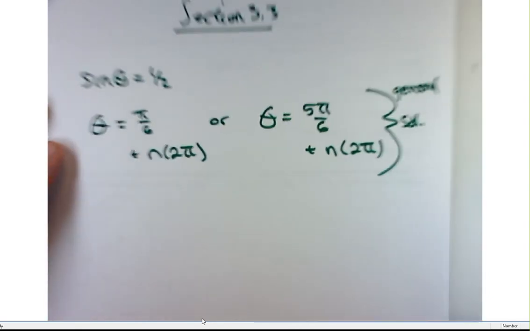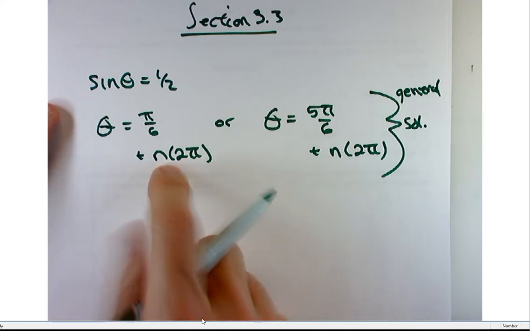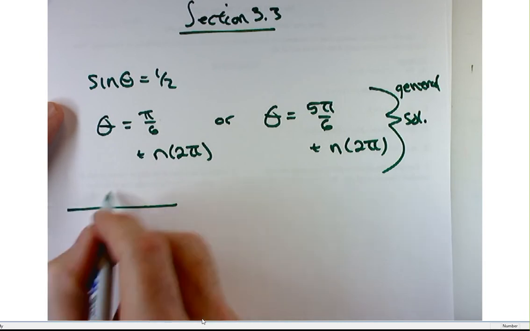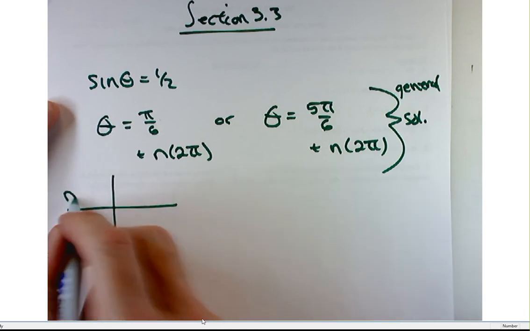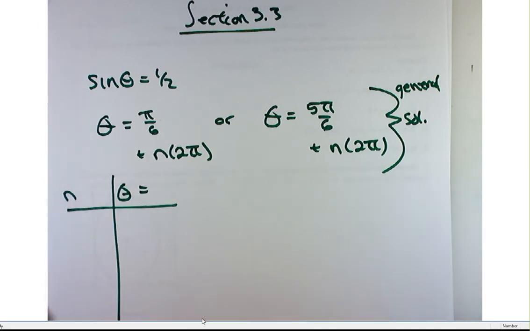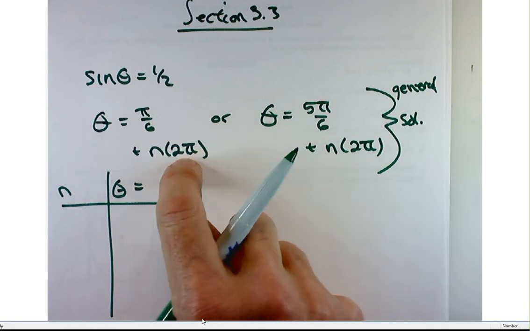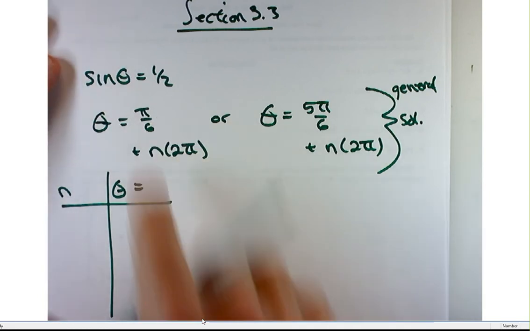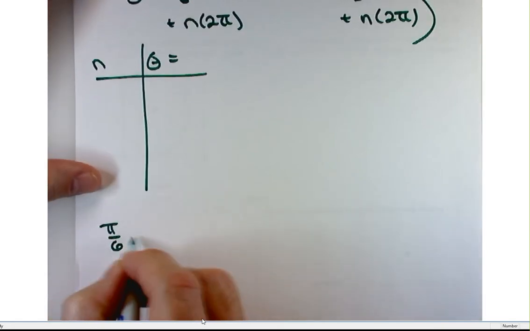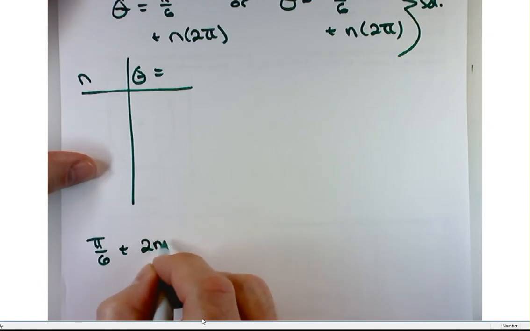General solutions. Our specific solutions can come from plugging in values of n here. So we'll start with the first one. N and theta. Now it might be helpful to play around with this a little bit and come up with a more user-friendly form for your theta. So let me come down here. That's going to be pi over 6 plus, I'm going to rewrite this as 2 times n times pi.